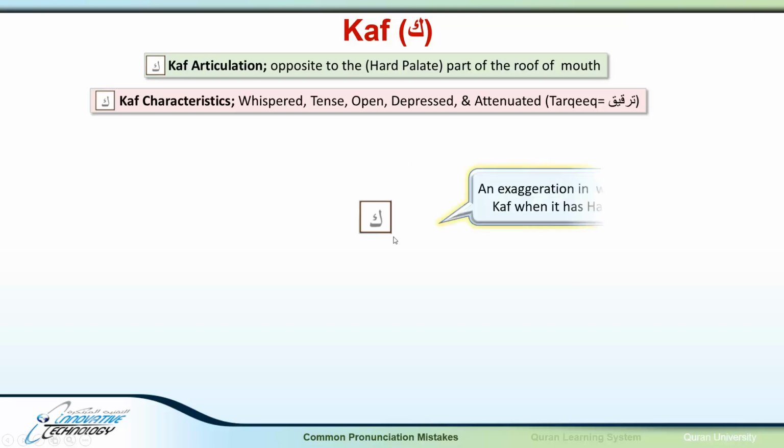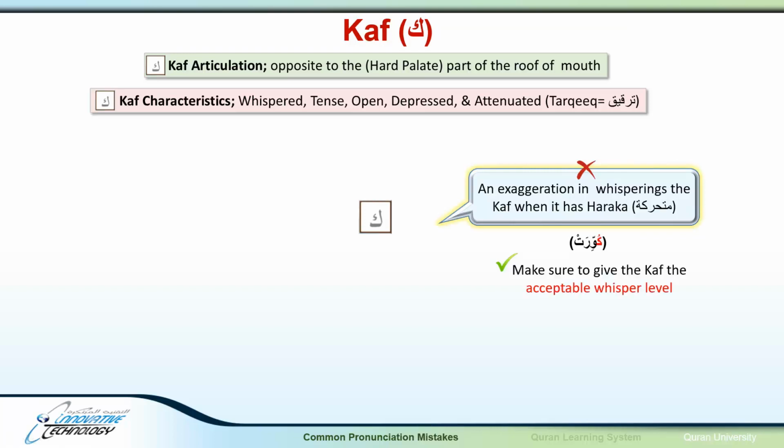The first mistake is an exaggeration in whispering the kaf when it has haraka, when it is mutaharrika. Example, kuwirat. We see now here the kaf has a dhamma. Because of a wow after it and the dhamma over it, the person pronouncing it tends to exaggerate that dhamma, so that the whispering would be extended and exaggerated.